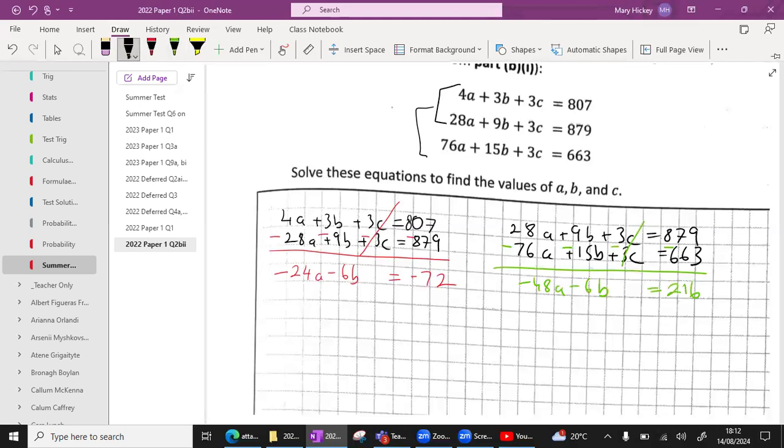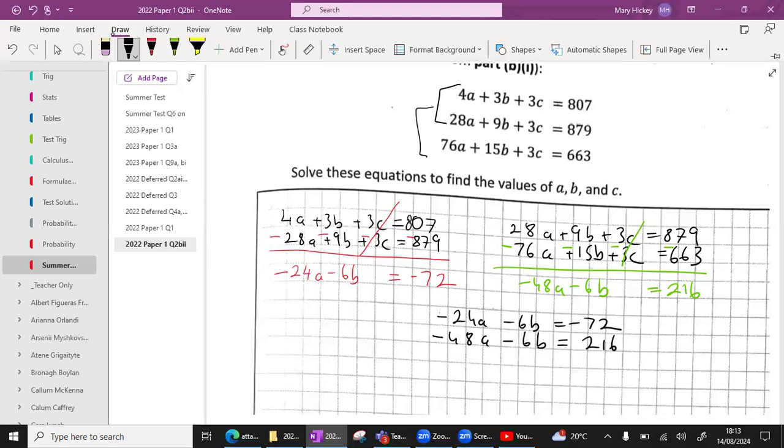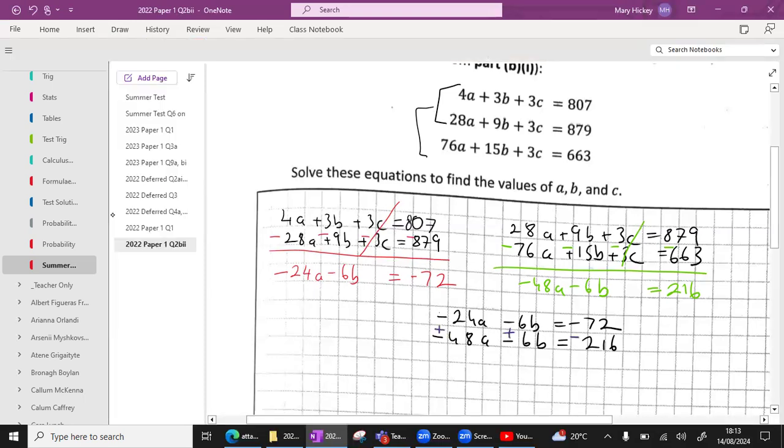Now, we're going to have to pair the 2 of these. So we come down here: minus 24a, minus 48a, minus 6b and 216. Again, it looks like an easy option because we just need to change the signs across. So that changes to a plus, this is a plus, and this is now a minus. Okay, so they're gone.